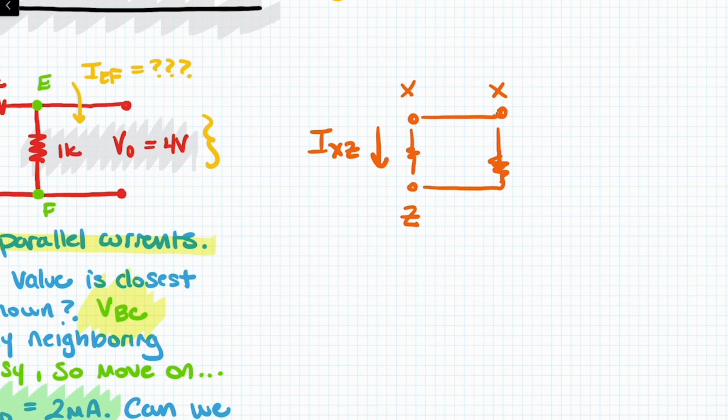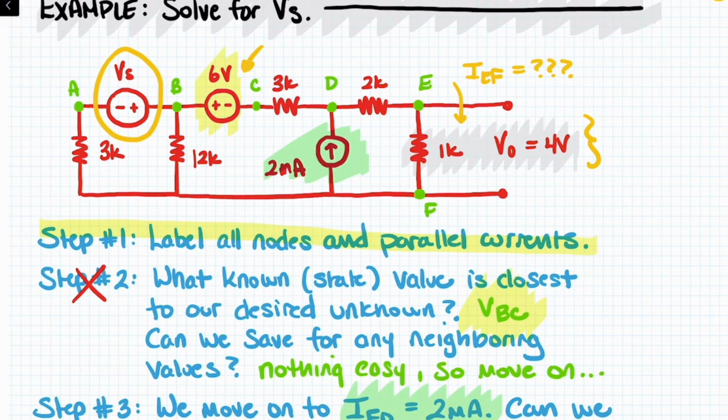Now, if we didn't have two parallel paths, we could also label this using the double subscript notation IXZ. But since they are parallel paths, we'll need to give them different names. Normally what we'll do is we'll call one of them prime. That's not a factor in this problem, but that's what I mean when I say we have to appropriately label parallel currents, because we can't rely on the double subscript notation for those.